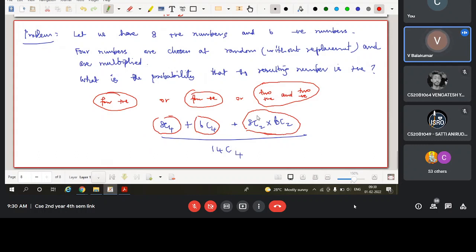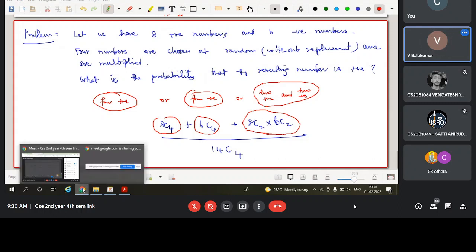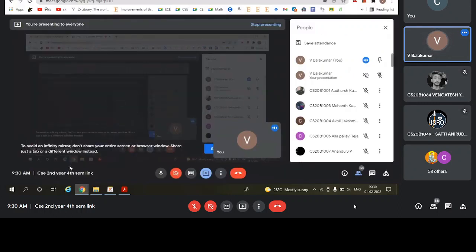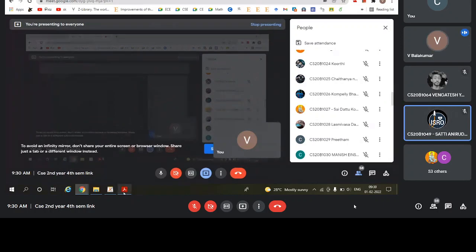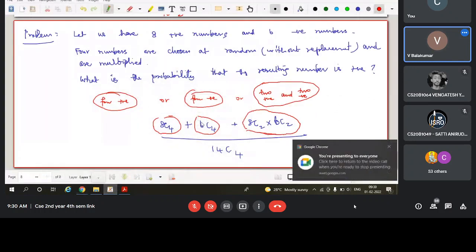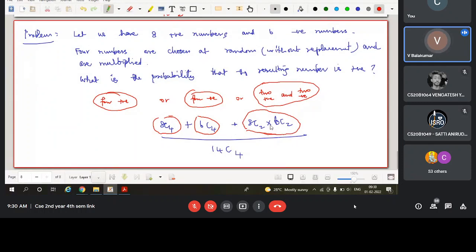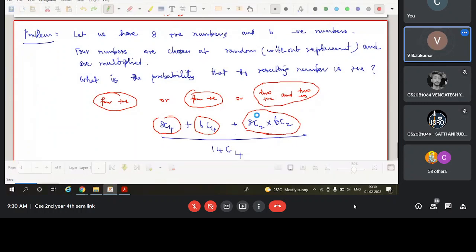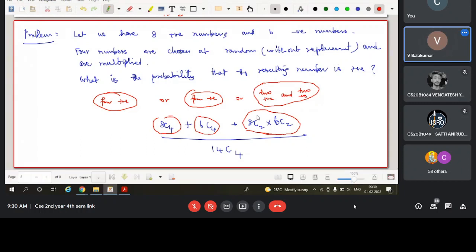Are you following this? What are the rules we have used here? Sum rule and product rule, both we have used. This "or" becomes addition, this "or" becomes addition, this "and" becomes multiplication. That's okay. This is a basic probability problem.